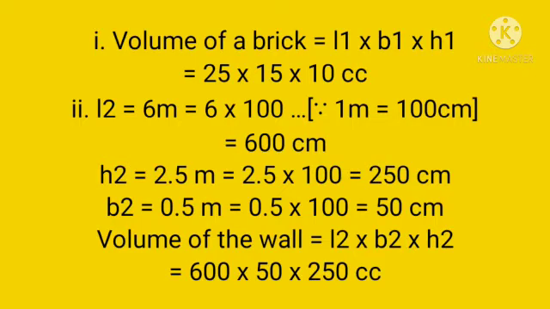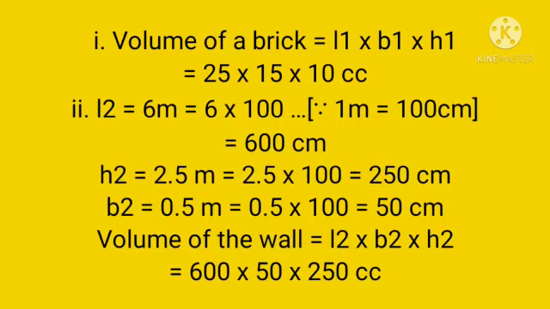As length, breadth and height of the wall are given in meters, first we have to convert them into centimeters. So for the wall, length L2 is equal to 6 meter, which is equal to 6 multiplied by 100, that is 600 centimeters, as 1 meter is equal to 100 centimeters.